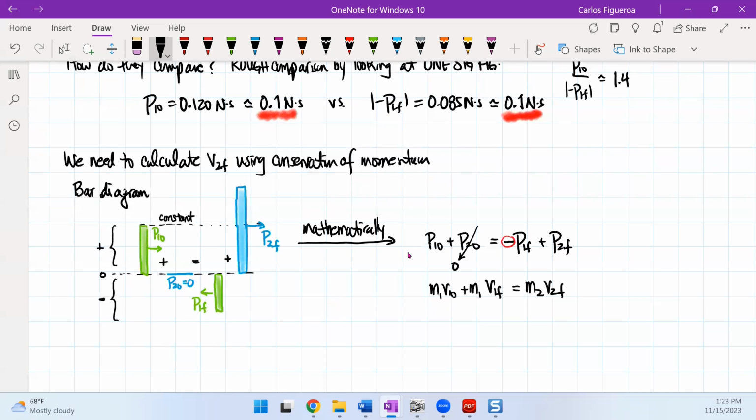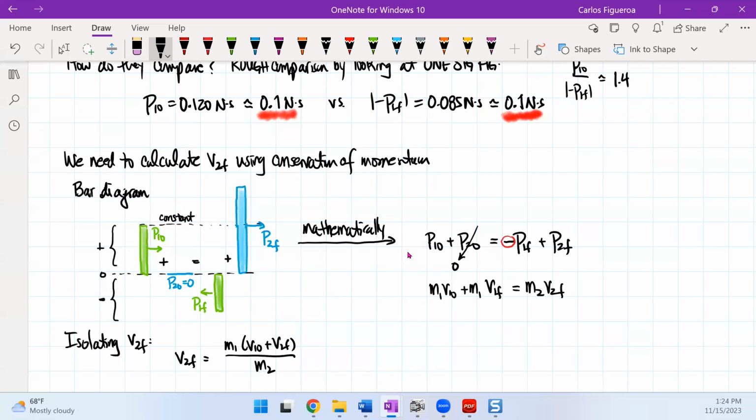So what I got to do here is isolate V2 final. You could see here that V2 final is then going to be M1 times V1 initial plus V1 final, divided by M2. Look what I did here: I pulled out M1 from the left side.